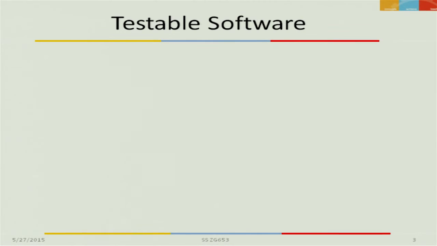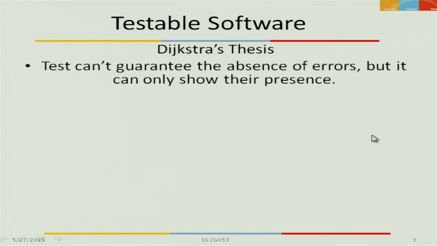So when you're talking about testability, what we mean is essentially testable software, the software that can be easily tested. There is a very well-known statement made by a very well-known computer scientist called Dijkstra, and it's called Dijkstra's thesis. Dijkstra's thesis says that tests cannot guarantee the absence of errors, but can only show their presence.